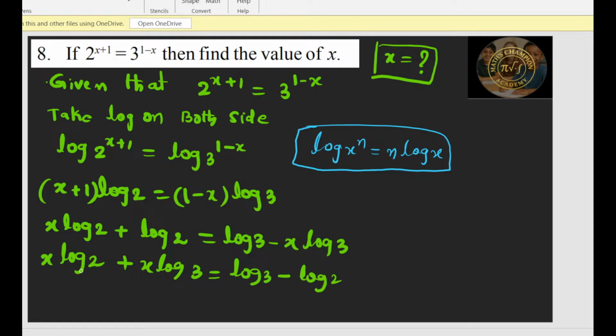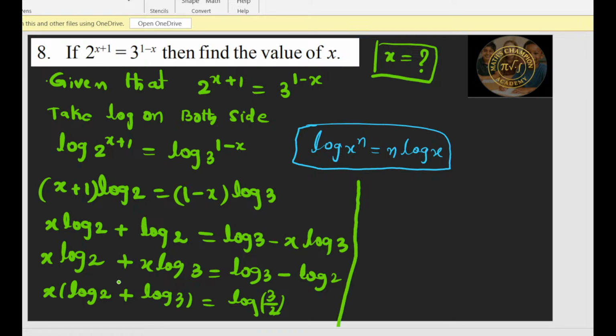We can take x common, so we can write x into log 2 plus log 3 is equal to log 3 minus log 2, which we can write as log 3 by 2.